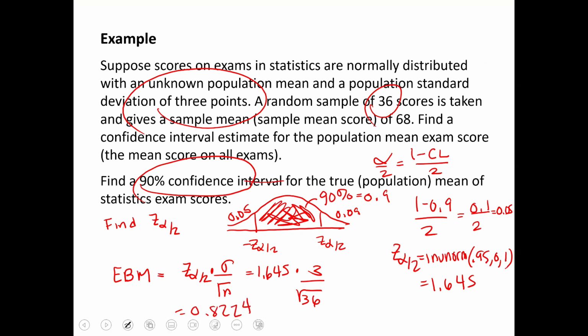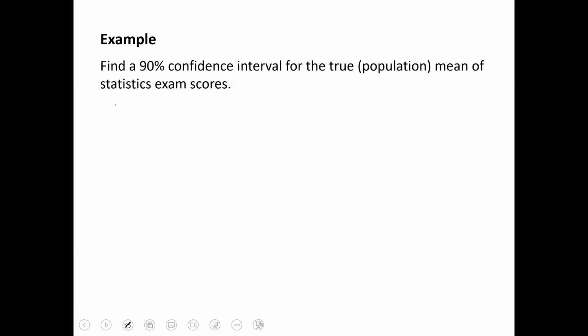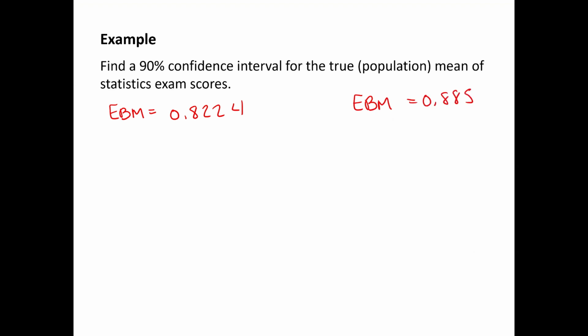Okay, so let's write that over here. Now, if you had used the rounded off value for z sub alpha over 2, you would have gotten 0.8225. By the way, that was the other one.